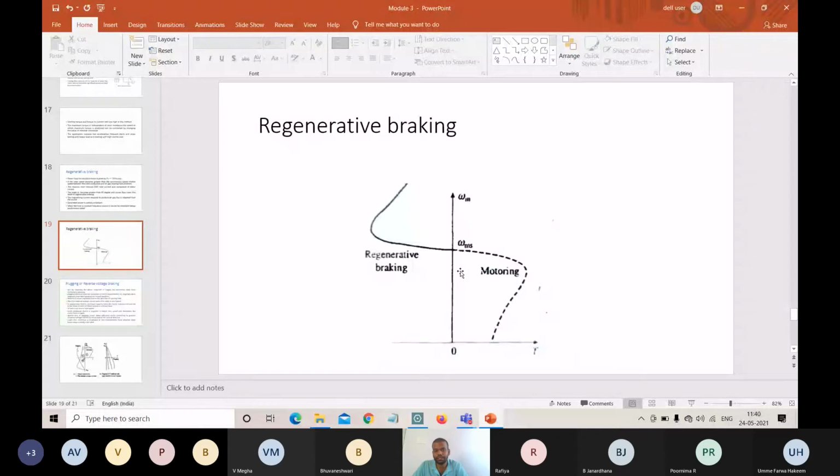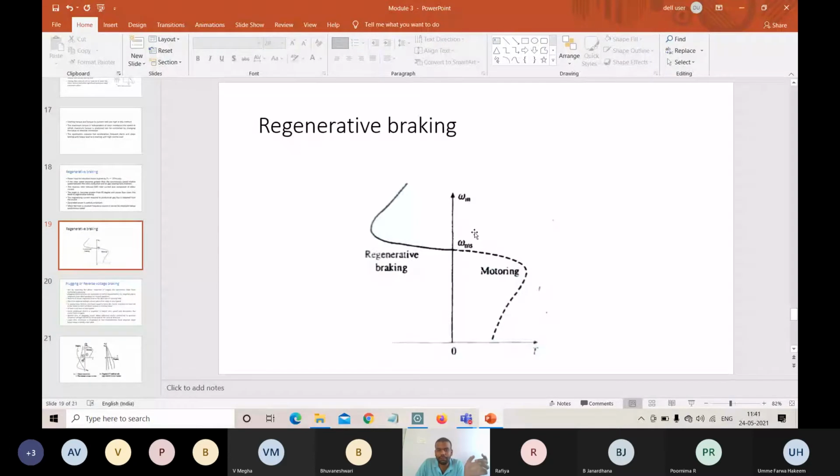You study the four quadrant operations: positive motoring, reverse motoring, positive braking, and reverse braking. From those quadrant operations we draw the characteristics. So this gives the motoring action, and exact opposite is this omega ms.